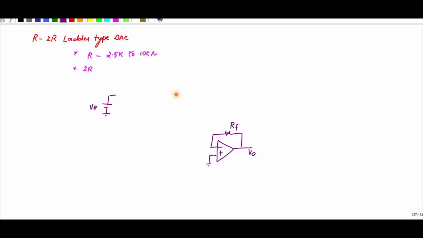This is VR, and from VR it is given to a network. Here let me assume a 3-bit DAC. Each input is connected to a switch, which is either connected to ground or connected to this point.